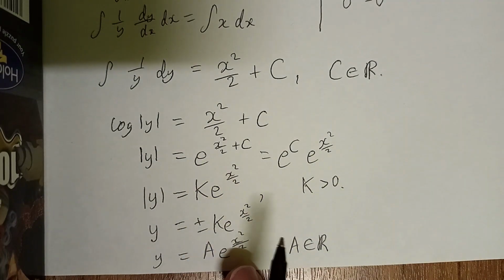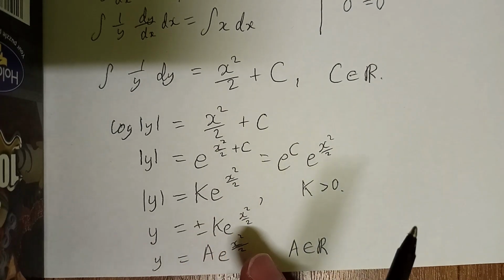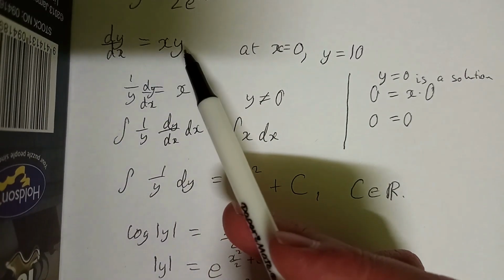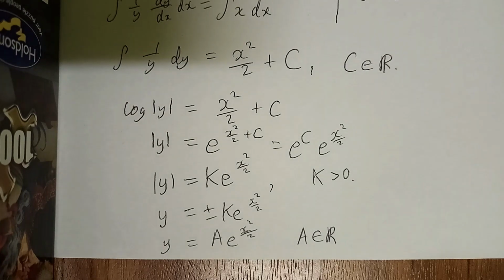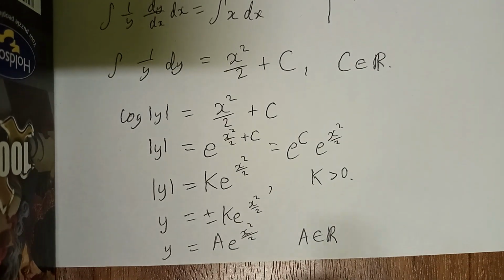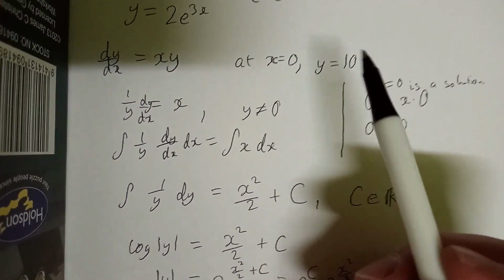Now we've solved the differential equation. We've found that y equals a times e to the x squared over 2. So that's the solution to this differential equation, dy dx equals xy, where a can be any real valued constant. But we also had this initial condition at x equals 0, y equals 10.